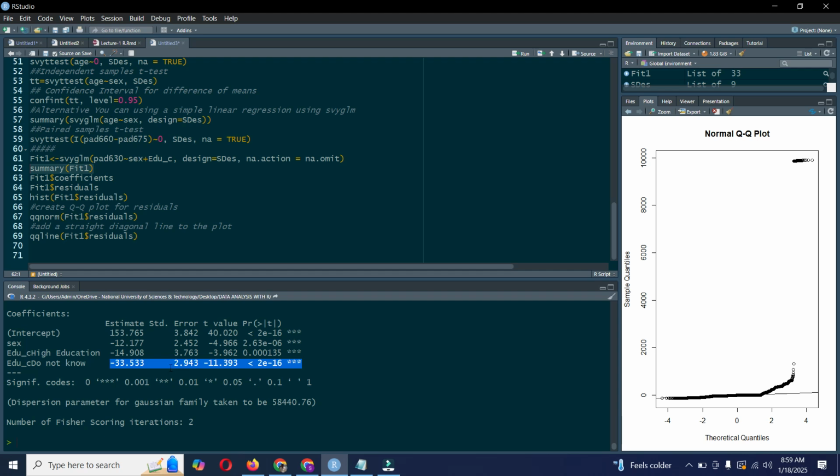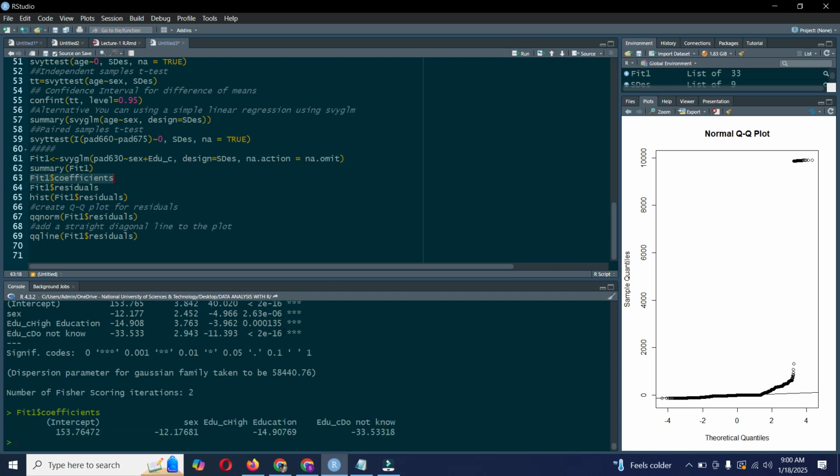But if your exposure is education, then you need to exclude this category, as it will affect the interpretation of higher education as compared to low education level. So these are the significant codes. And if you just want to see the coefficients, you can see the coefficients only.